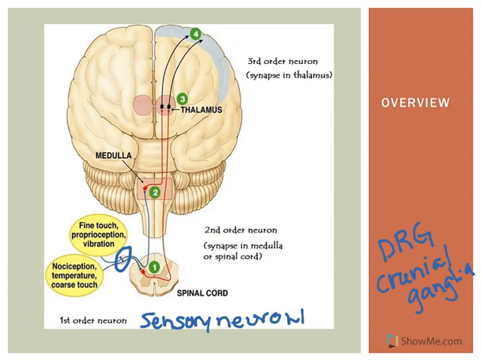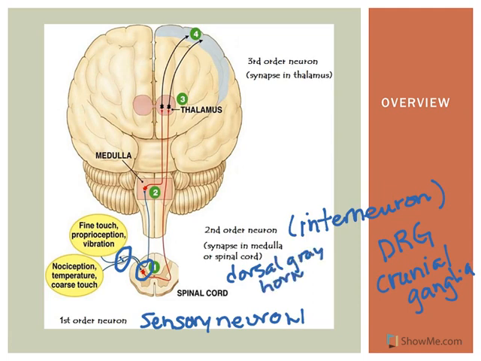The second order neuron is an interneuron. The cell bodies for these second order neurons are going to be located in the dorsal gray horn, you see back here, of the spinal cord, or within the medullary nuclei, within the medulla oblongata.